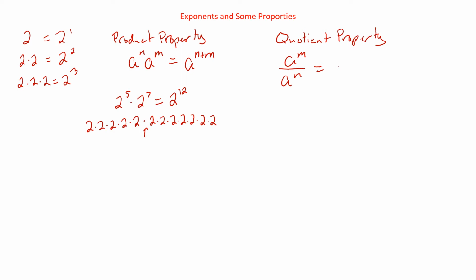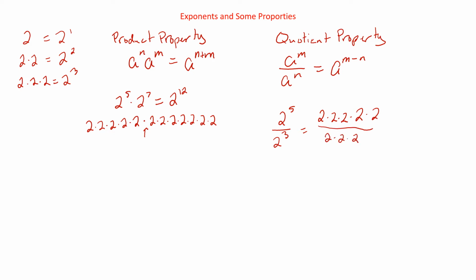When we're dividing them, we subtract the exponents. And where this comes in, let's say we have 2 to the 5th over 2 to the 3rd. We could expand this: 2 times 2 times 2 times 2 times 2 over 2 times 2 times 2.